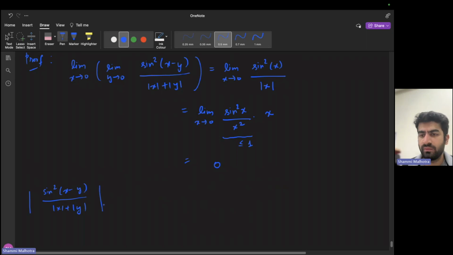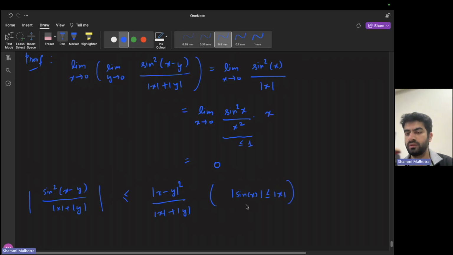I have to subtract 0 from it, but that's the same thing, so we are skipping that part. We are using one more inequality, that basically we have here mod of (x minus y) square whole divided by mod x plus mod y, and what we are using here is that the mod of sin x is always less than or equal to mod of x.